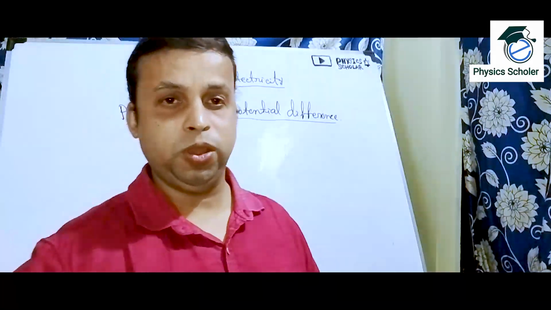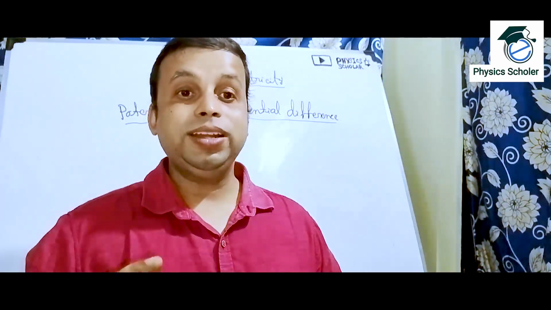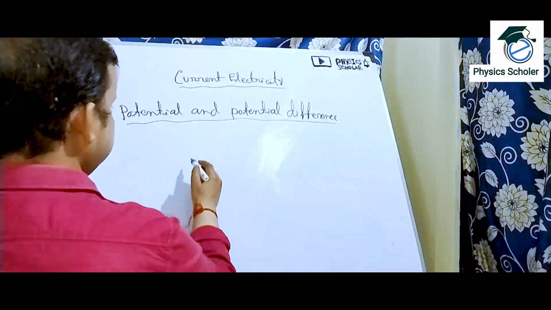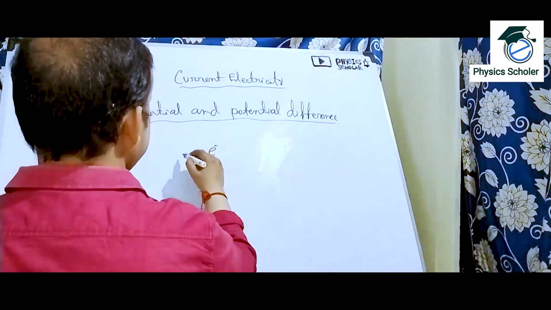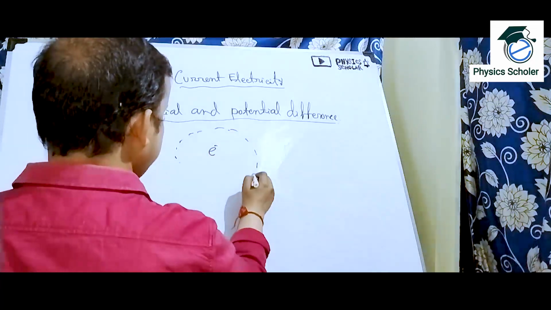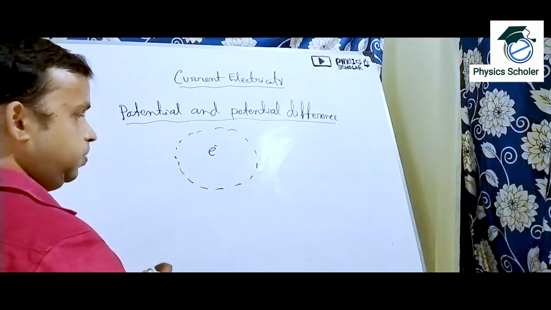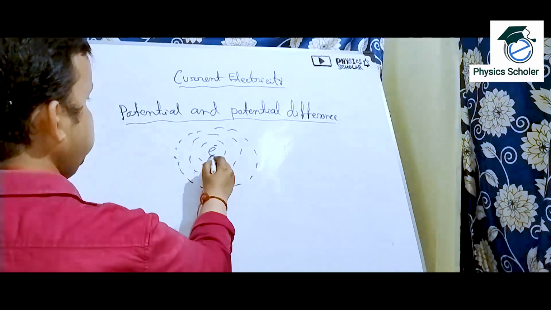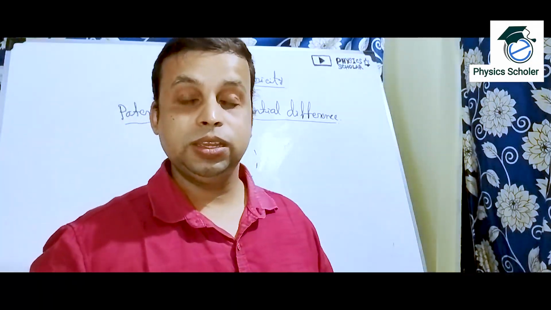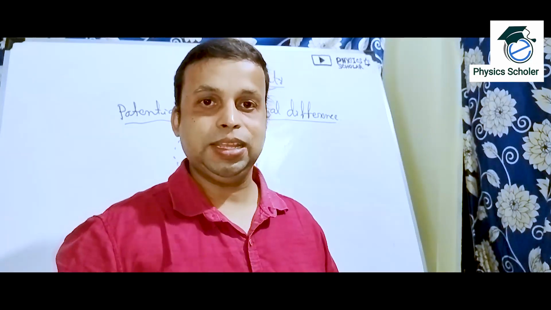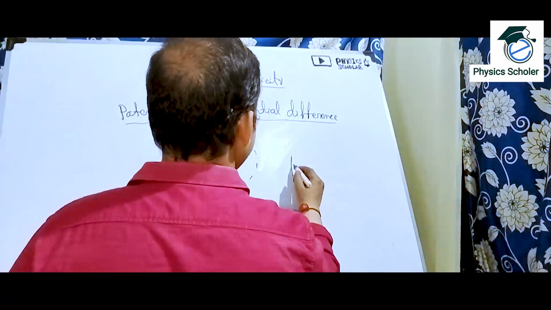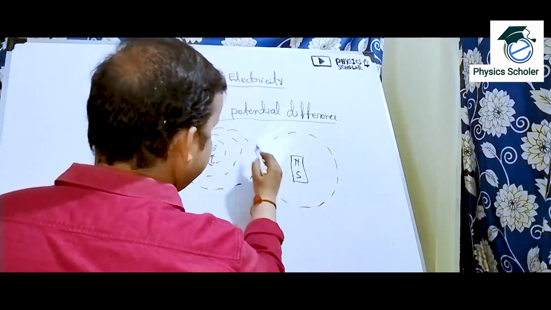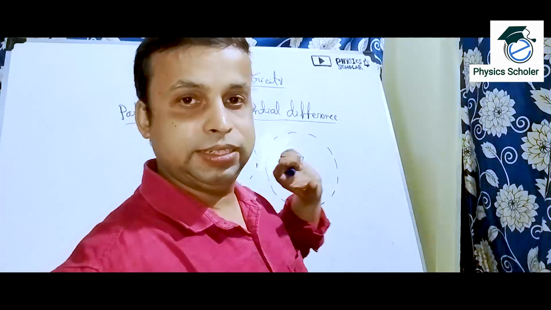Before discussing the point, we have to understand what is an electric field. Suppose any charge is there, so there will be an area around this charge particle where the effect or the influence of the charge particle can be observed. Suppose I have kept one magnet. There will be an area around the magnet where the effect of the magnet can be seen.